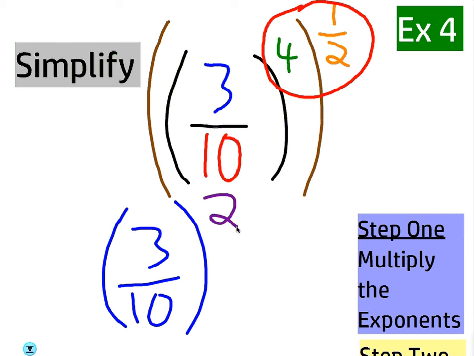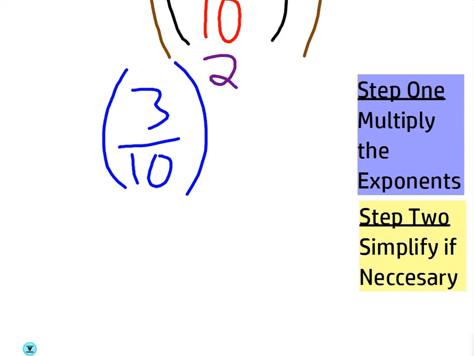And yesterday we looked at how to apply an exponent to a fraction, which is to do what? Okay, so how would you do that? Okay, so basically you're applying that to each part of the fraction.